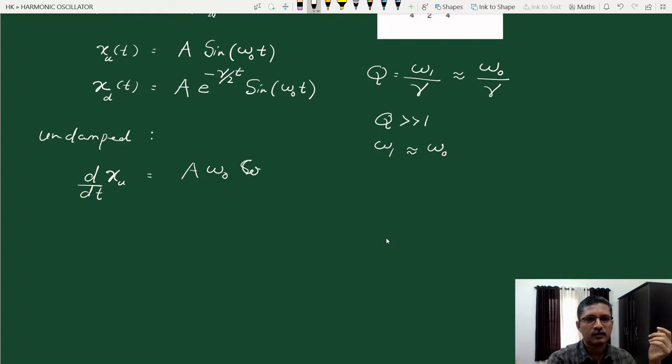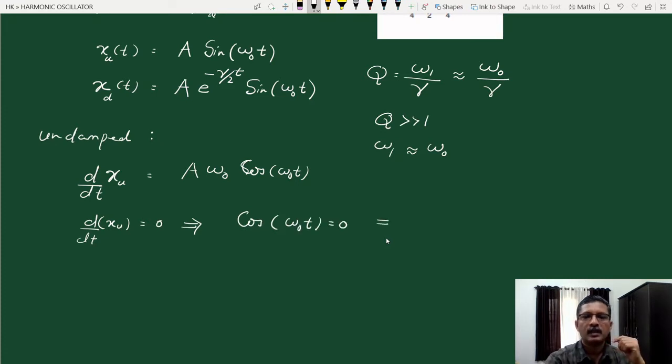So we have A omega 0 cos omega 0 t. What are the angles at which d by dt of x u is equal to 0? Which means this right hand side, A omega 0 cos omega 0 t, is 0. We have to equate it to 0. But A and omega 0 are non-zero. So the condition is that cos omega 0 t equals 0.